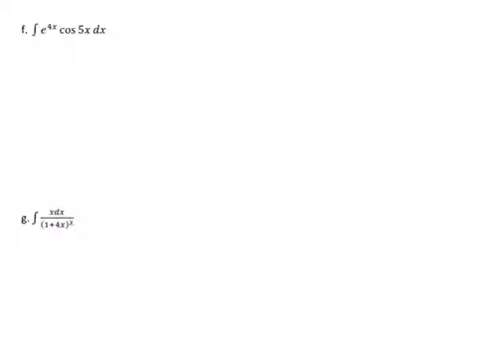I like taking derivatives of trig functions better than I like doing their antiderivatives. That's just personal preference. So I'm going to let u be equal to the cosine of 5x. Then dv, I usually do these in blue, is going to be e to the 4x dx. So v is e to the 4x, so its antiderivative would also involve e to the 4x, but I need to compensate for the 4 by multiplying by 1/4 out front.